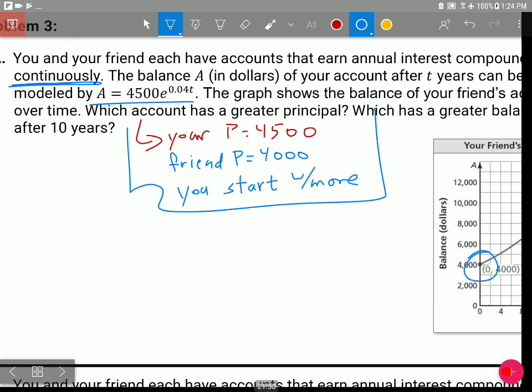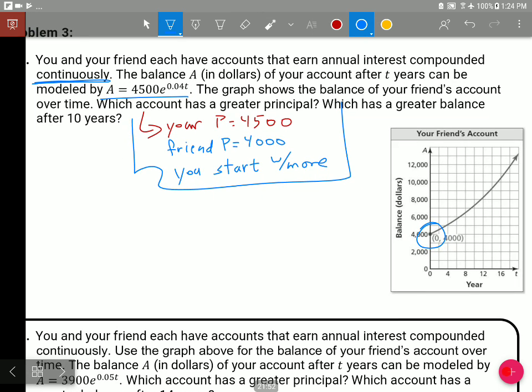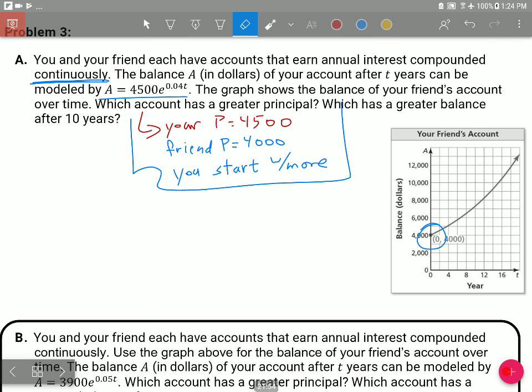All right, the other one says, which has the greatest balance after 10 years? So let's find your balance after 10 years. What would you do if you knew you were looking for 10 years down the road? Well, not times 10. Yeah, your t value. Your time is 10. So we'll plug in 10 right there.